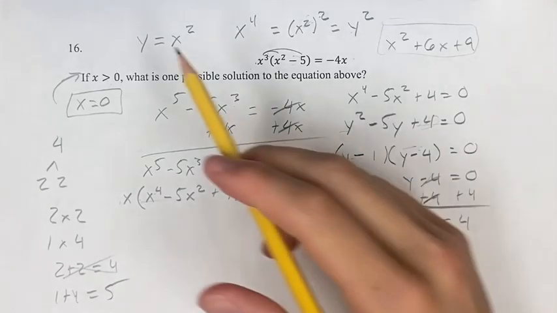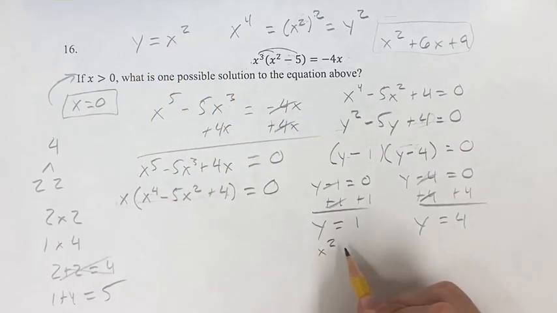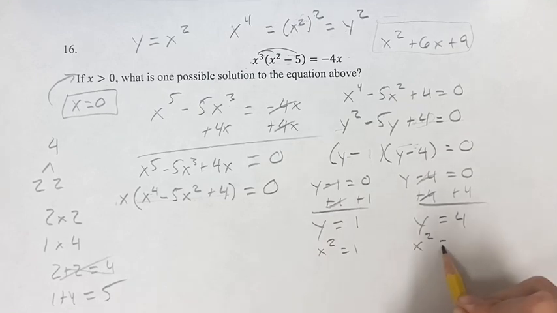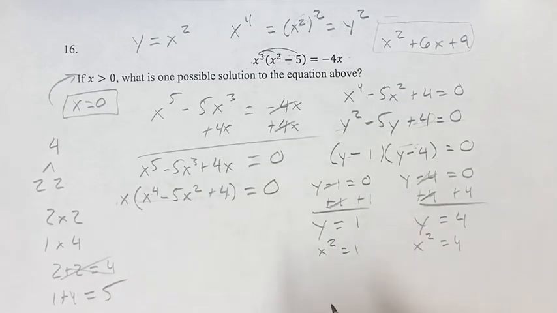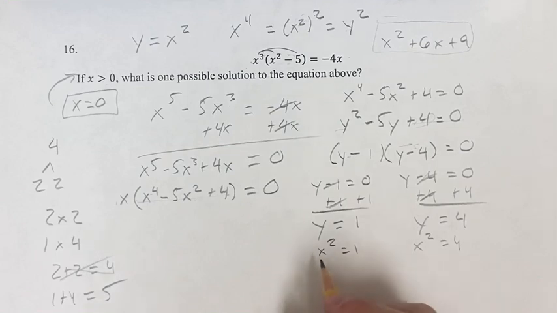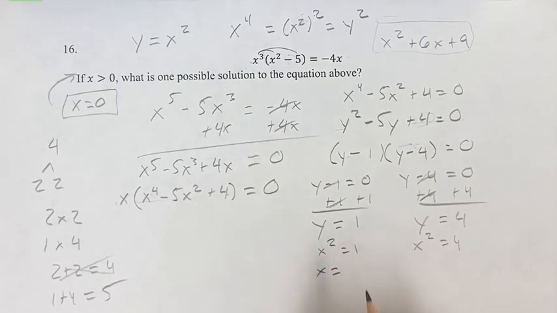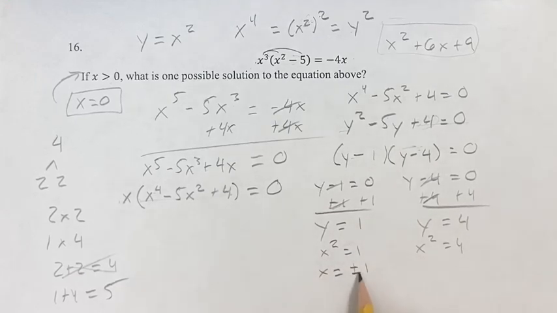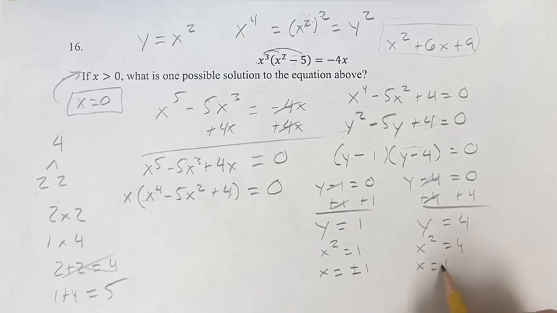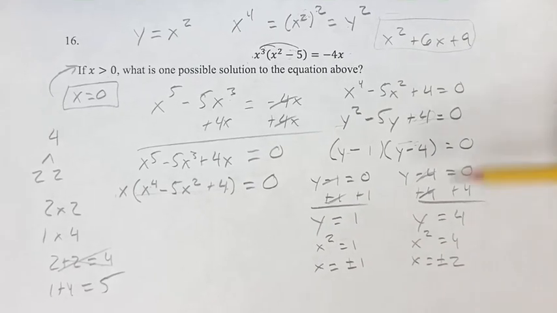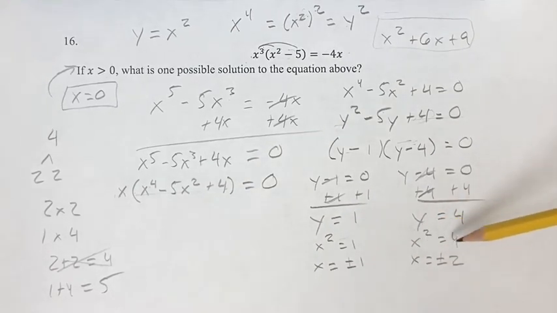So y is equal to x squared, therefore x squared equals 1, or x squared equals 4. And the solutions here, we have x is equal to positive or negative 1, right, from this. Negative 1 squared is equal to 1, and 1 squared is equal to 1. And over here, we have x is equal to positive or negative 2. 2 squared is 4, negative 2 squared is 4.